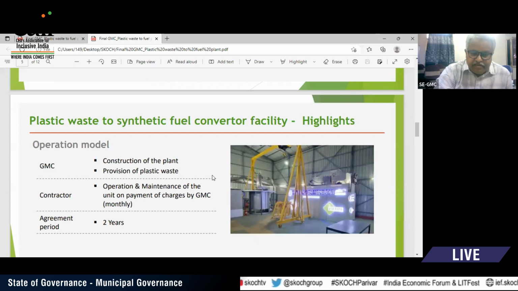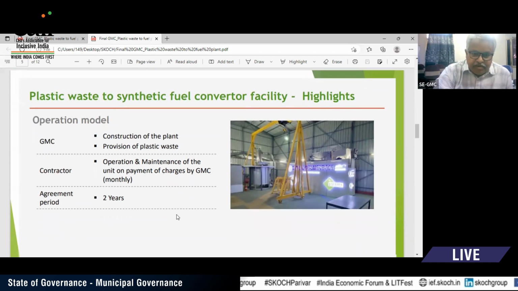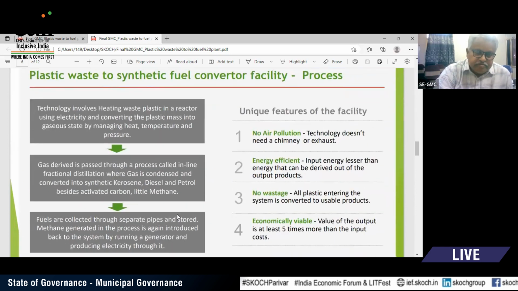Any plastic material except carry bags is being used. This is being maintained by our staff with the help of NIDA. The agreement period is 2 years. We are running successfully without any issues.